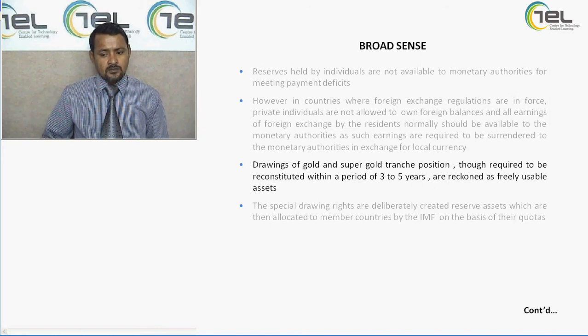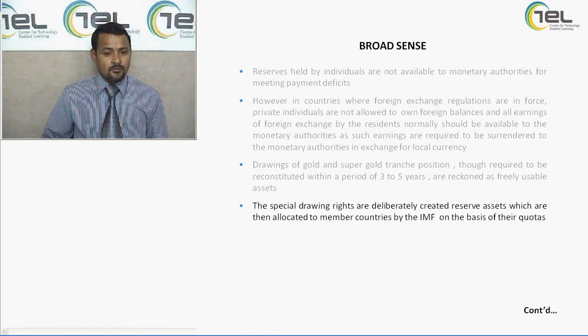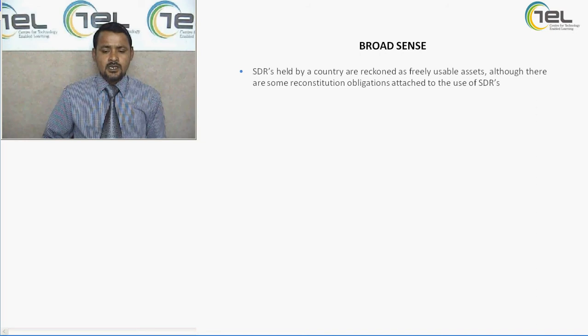They cannot be converted through all the currencies, but only through some pre-specified denominated currencies. Special drawing rights held by a country are reckoned as freely usable assets, although there are some reconstitution obligations attached to the use of SDRs.